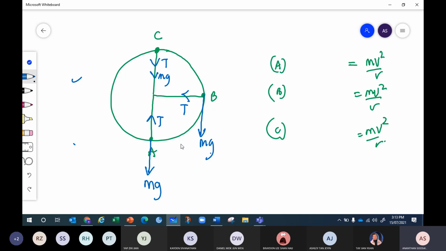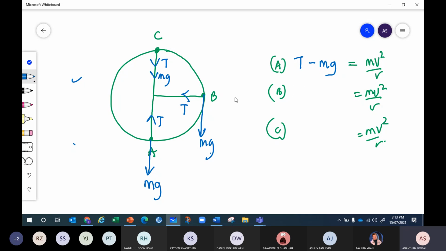Reynolds, any idea? What do you think? Is it tension minus the weight? Very good. Tension minus mg. So whatever force acting toward the center, tension, minus the mg which is opposing it. So tension minus mg is mv square over r.